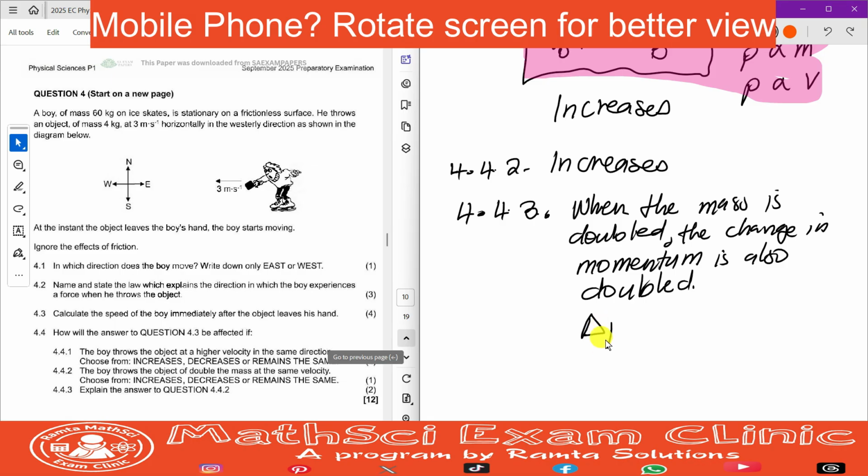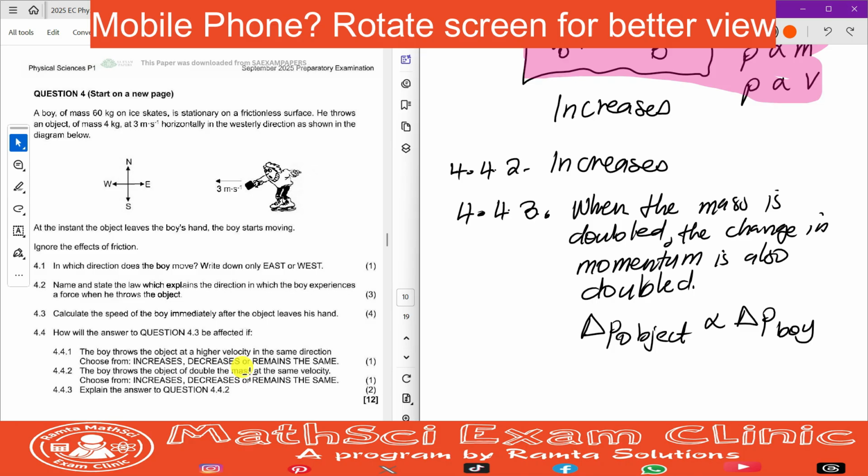Okay, this is sufficient. When the mass is doubled, the change in momentum is also doubled.